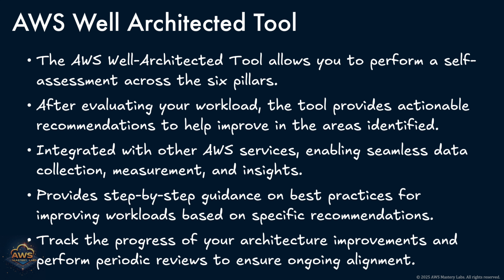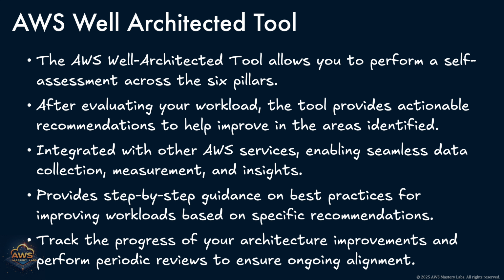It provides a self-service framework that helps you assess how well your architecture aligns with the 6 pillars of the Well-Architected Framework. One of the key advantages of the tool is its ability to automatically identify risks. As you assess your workload, the tool compares it to the framework's guidelines and highlights areas where your architecture might not meet the best practices.